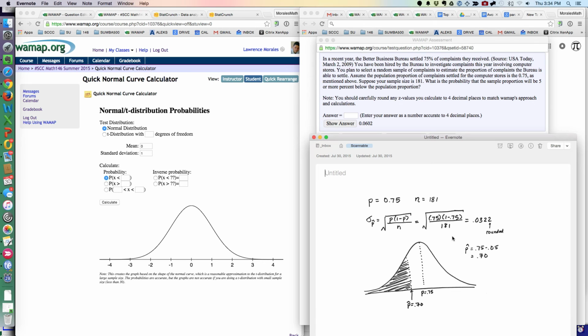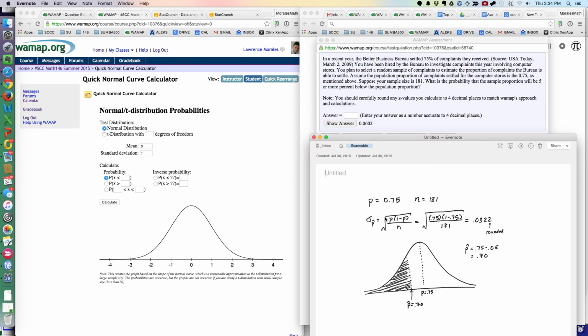So what I have here is the sample proportion given to us of 0.75 and our sample size of 181. Now keep in mind that because we're being asked for the probability about a sample, we're now looking at the distribution of the sample proportions. And therefore we need to find the standard deviation of the sampling distribution.